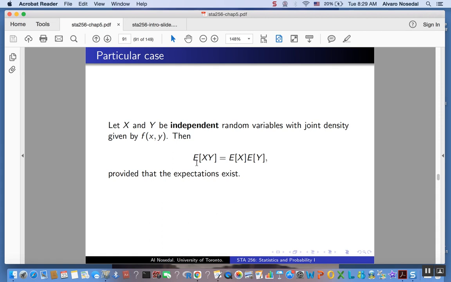It turns out that the expected value of x times y equals the expected value of x times the expected value of y. So basically, if x and y are independent, the expected value of their product is the product of expected values. And again, this is going to be important when we talk about covariances.